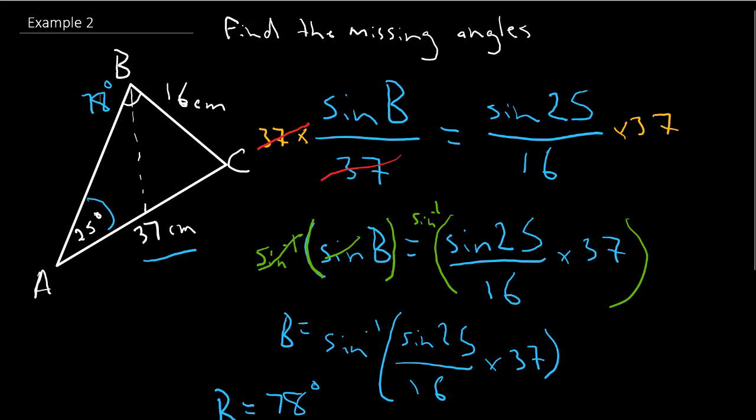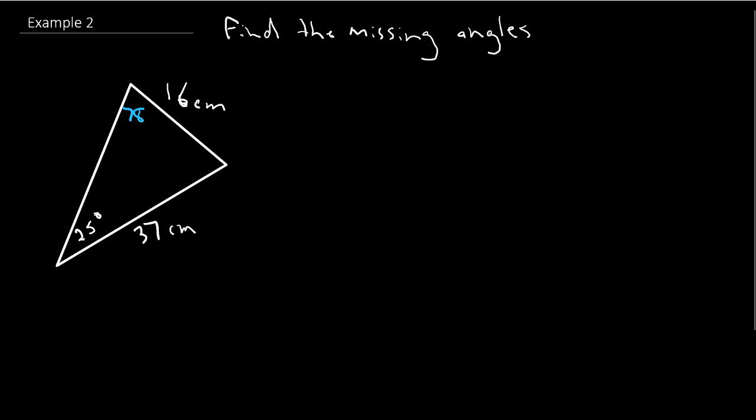Alright, I'm going to make another slide, and I'm going to show you how we get angle C now. Okay, so continuing on with example 2, we already figured out angle B, and what's exciting about this is we no longer need to use sine law to find the last angle. We can actually just use 180 and subtract the two known angles.